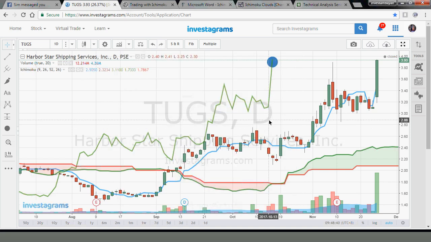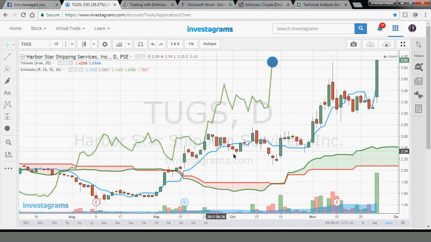So, check natin dito. You can also use Tenkan-sen for trailing stock for quick trader. Just like me, I also use this. Same scenario.